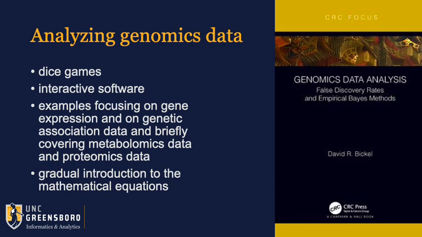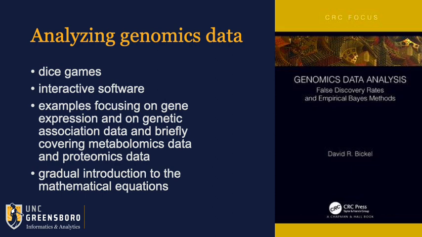The other book I want to highlight that I also use in the courses is Genomics, Data Analysis, False Discovery Rates, and Empirical Bayes Methods. So whereas the first book was developed specifically for a course here at UNCG, this book was developed in my teaching over several years at University of Ottawa.